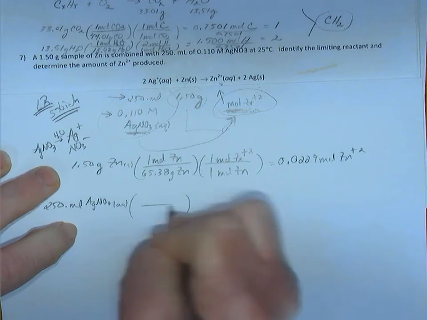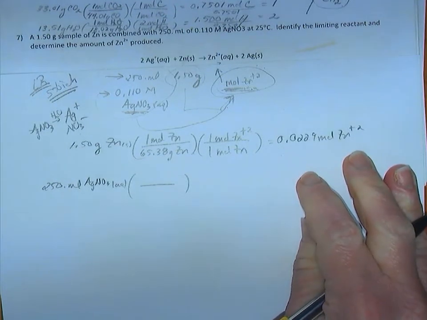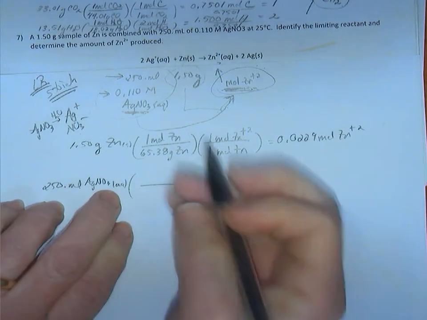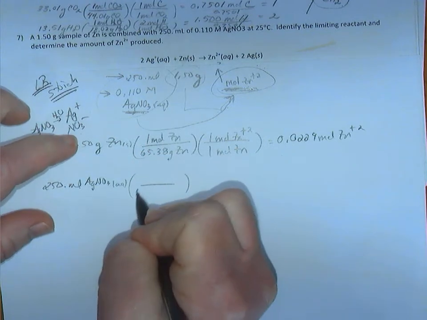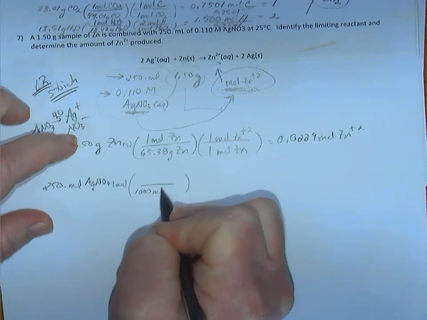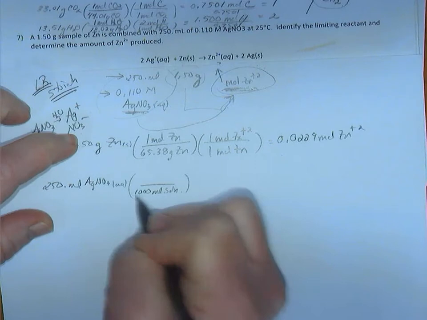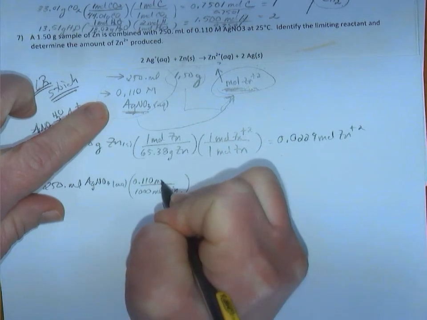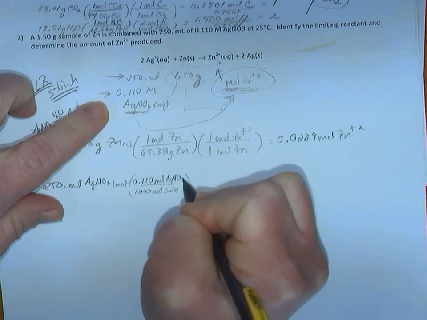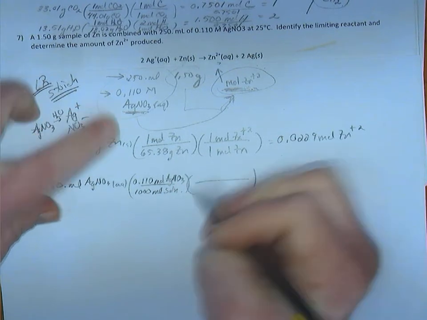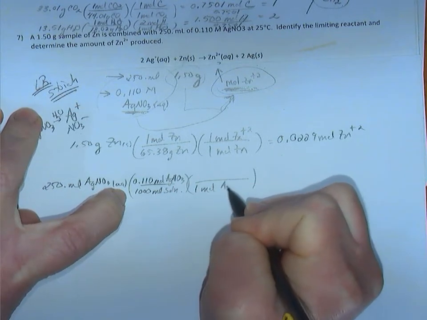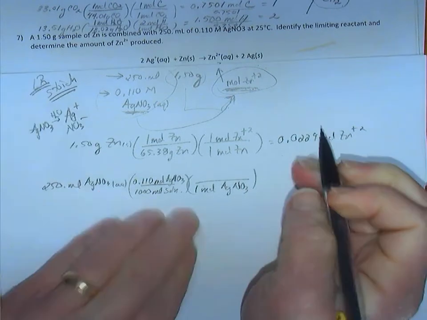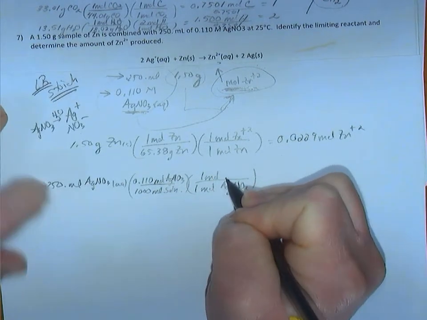All right, let's depend on dimensional analysis. I'm given the molarity, so I can write molarity as a conversion factor. For every 1,000 milliliters of solution, it is giving me 0.110 moles of silver nitrate. And for every 1 mole of silver nitrate, I get 1 mole of silver ion.